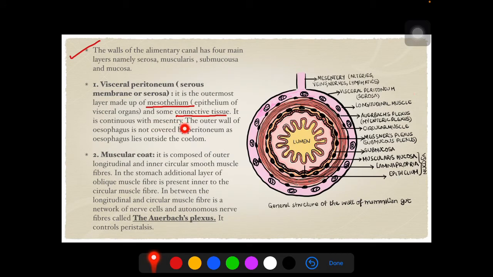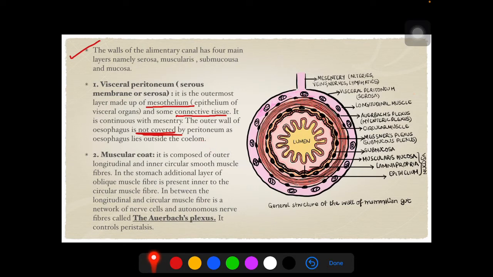Mesentery refers to a very thin layer which keeps all the organs in place inside the body. The outer wall of the esophagus is not covered by peritoneum. This is again a very important MCQ question, as the esophagus lies outside the coelom.